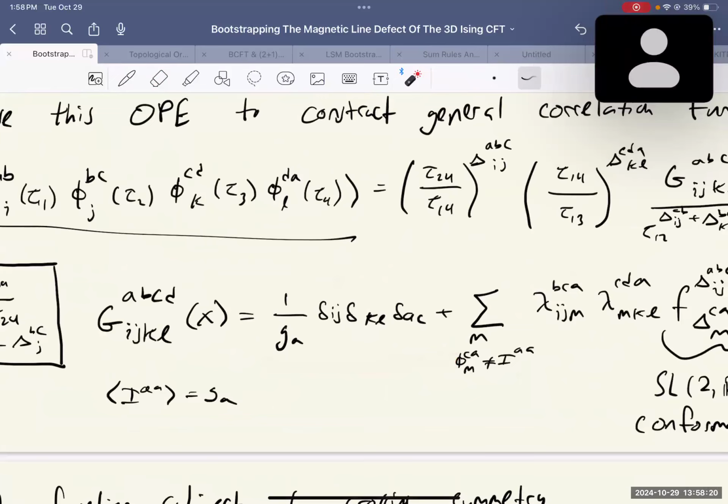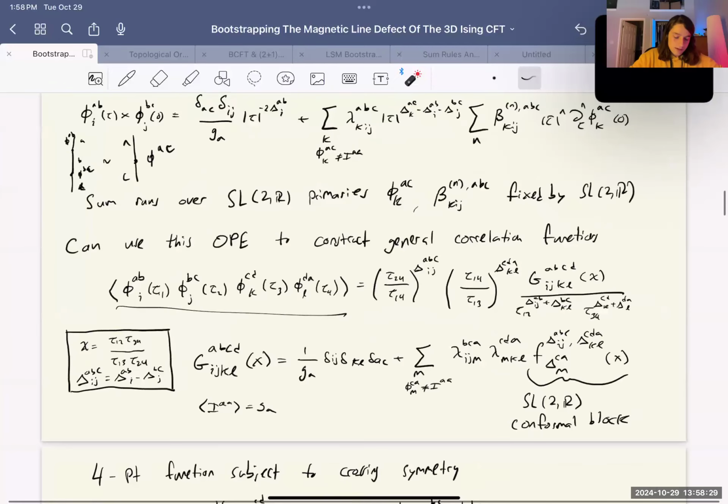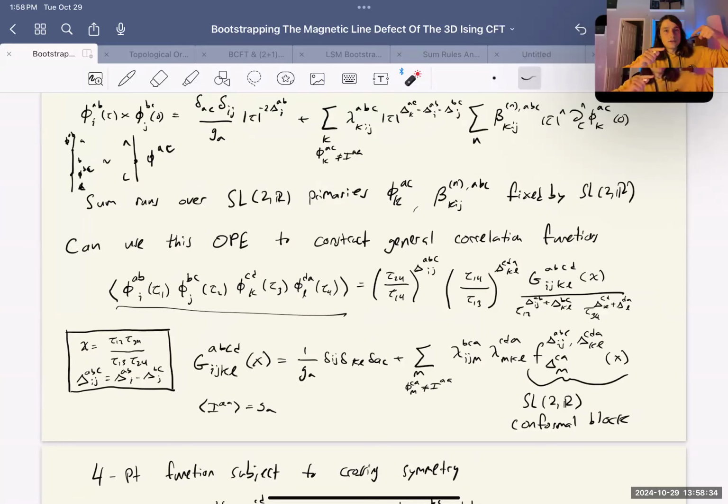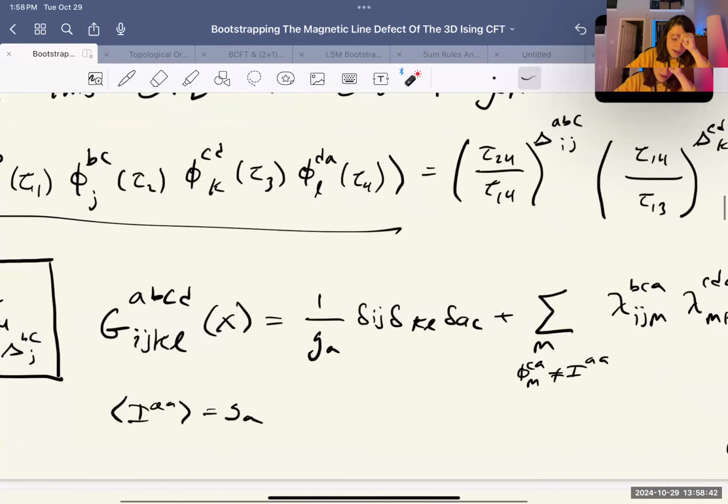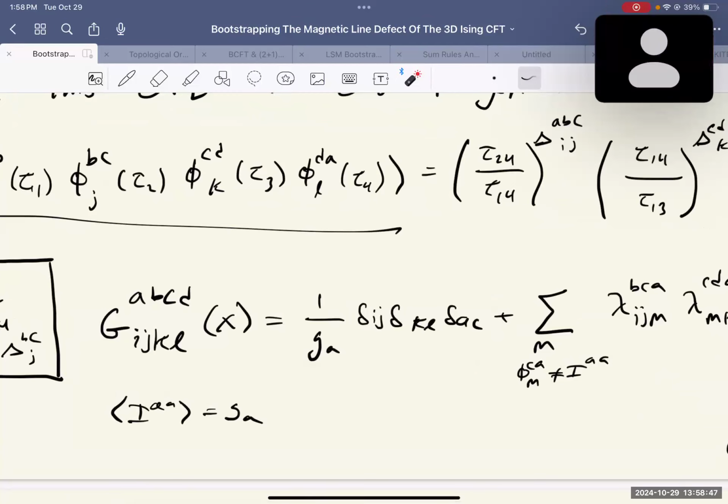Is that from just two defect changing operators, like a little short segment and what that projects onto the identity operator? Oh, so it would more be if I have two long segments of defect and then I fuse them onto the identity operator. So it's like dividing by the norm of the identity operator, basically. Yeah. Mhm.